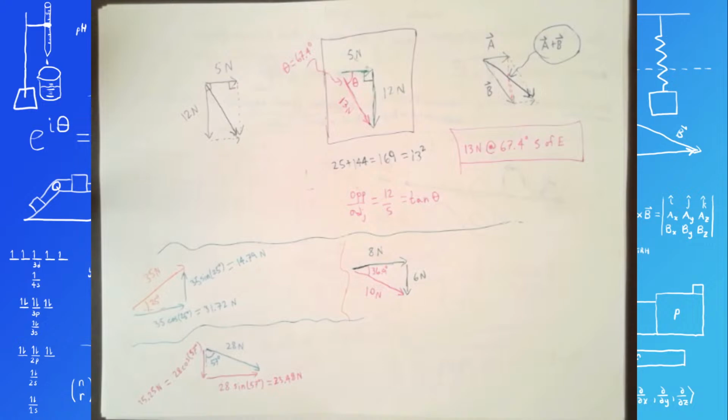I don't know why I chose to go with newtons. Well, probably because it has a very easy symbol of N, but you could use any type of vector here.